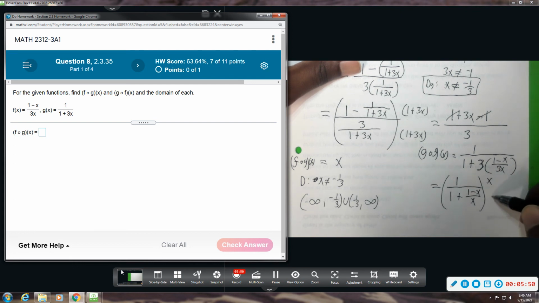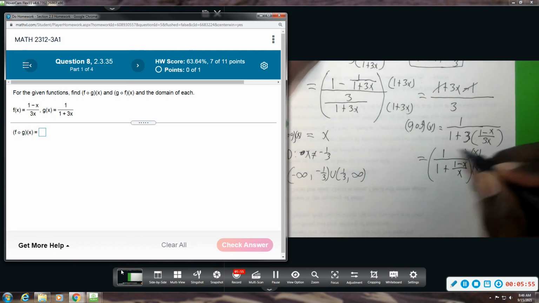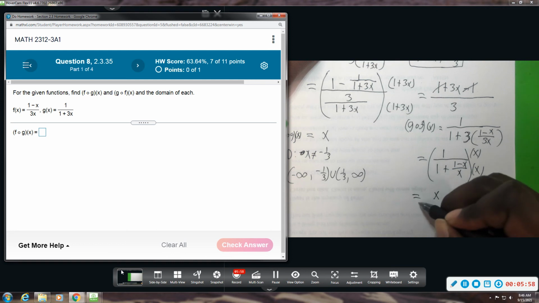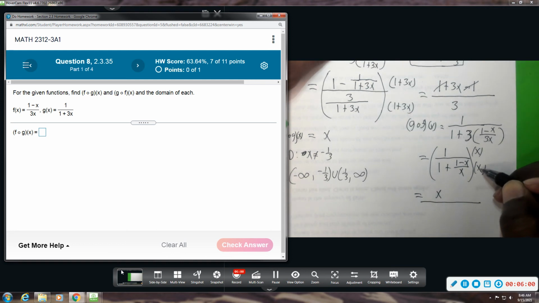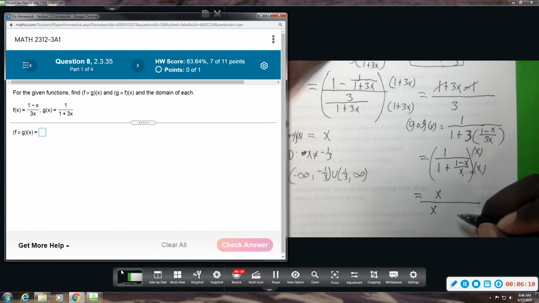So I'm going to multiply x on the top and the bottom. 1 times x is just x in the numerator. 1 times x here will just give me x. x times this fraction will cancel out the bottom, and I'll be left with 1 minus x. Now, we have a positive x and negative x. They will cancel each other out. x divided by 1 is just x.